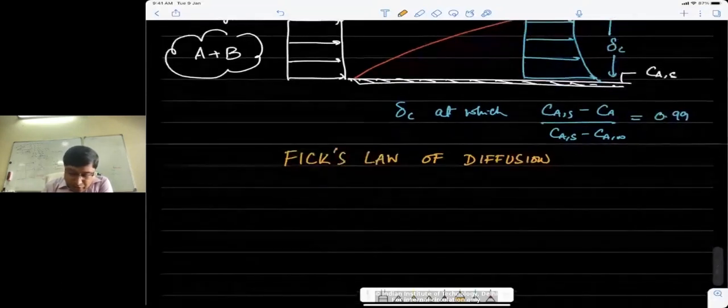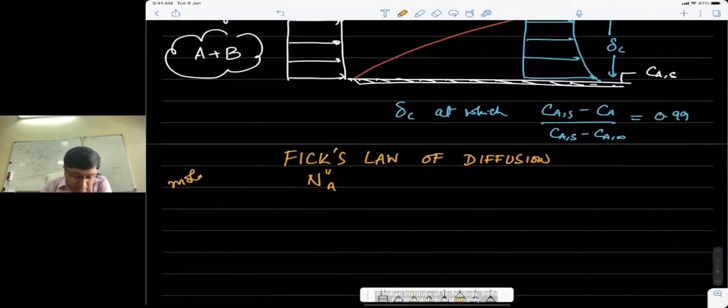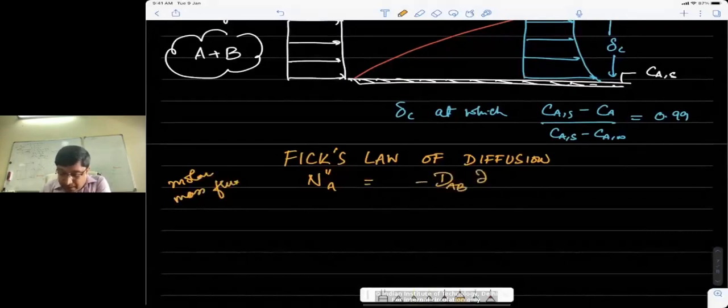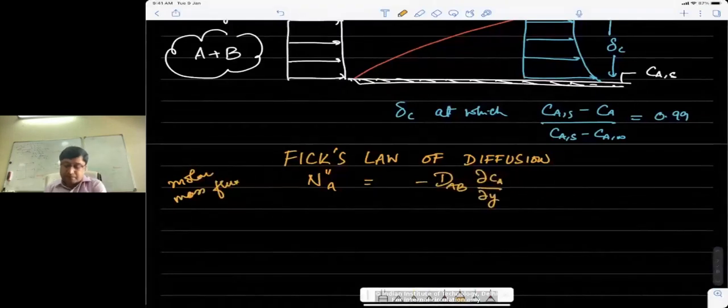Fick's law of diffusion says that the mass flux, or in this case, molar mass flux, I will say, because capital N now is for moles, not for mass, is written in terms of a diffusion coefficient, which is DAB, times the concentration gradient on the surface, of course.